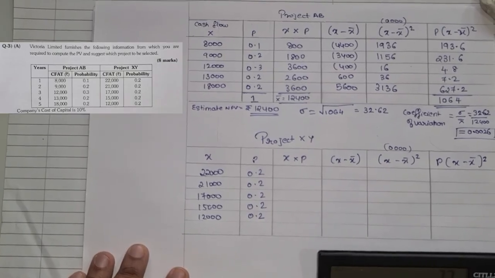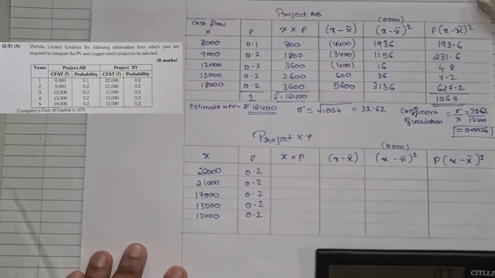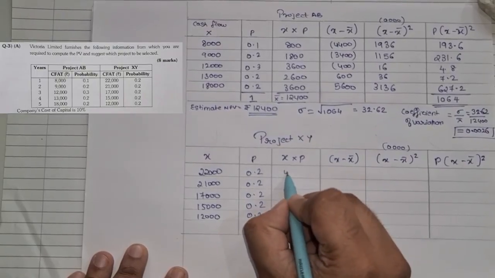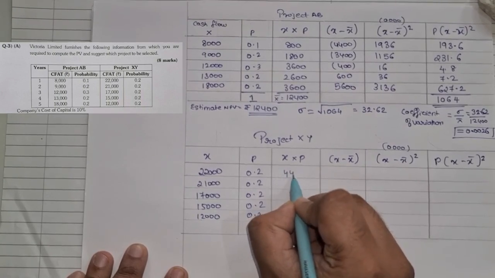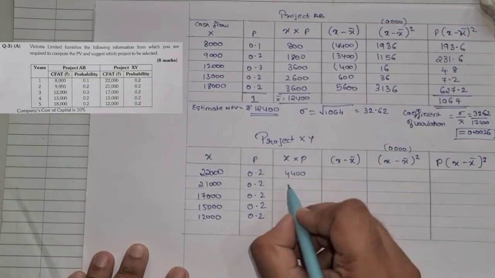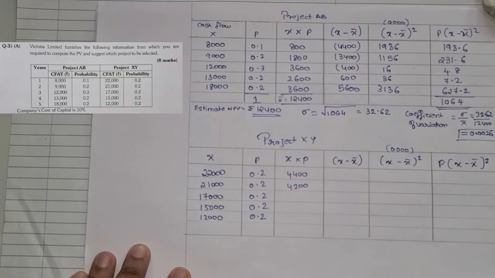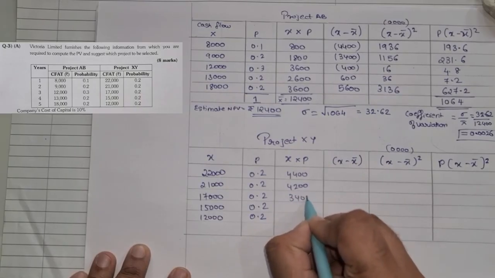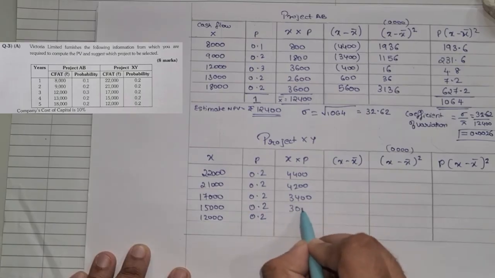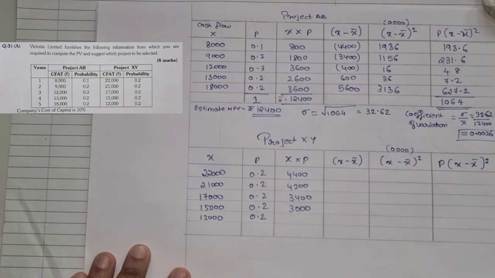Okay, so we'll multiply 22,000 into 0.2, which comes to 4,400. 21,000 into 0.2 is again 4,200. 17,000 into 0.2 is 3,400. 15,000 into 0.2 is 3,000, and 12,000 into 0.2 is 2,400.